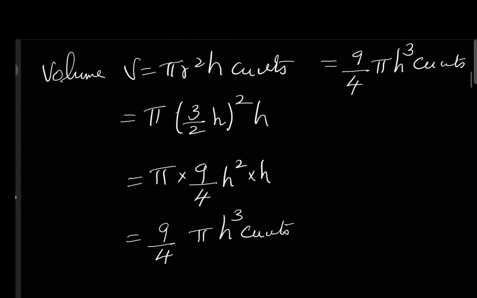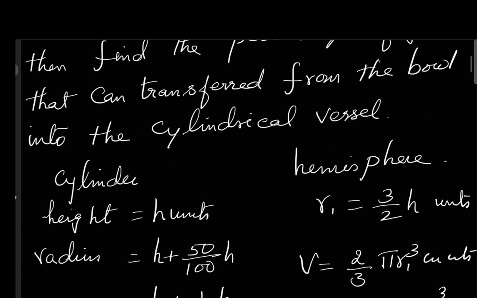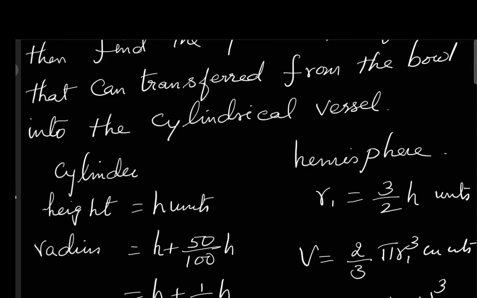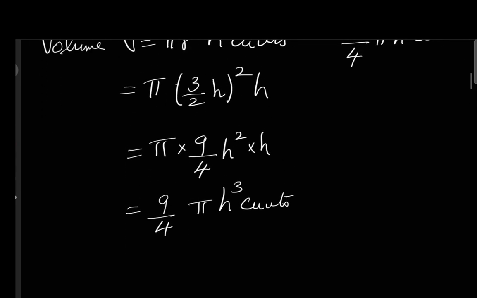Look here, the volume of the cylinder and the volume of the hemispherical bowl both have the same volume. So if I transfer the juice from the bowl into the cylindrical vessel, there won't be any remaining juice because both volumes are equal.